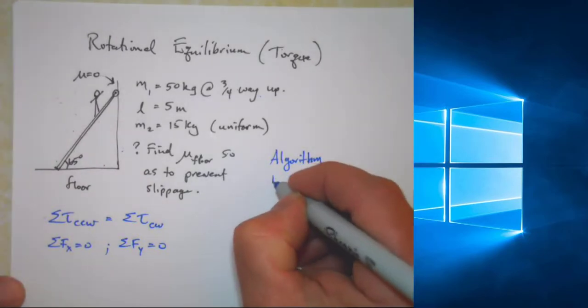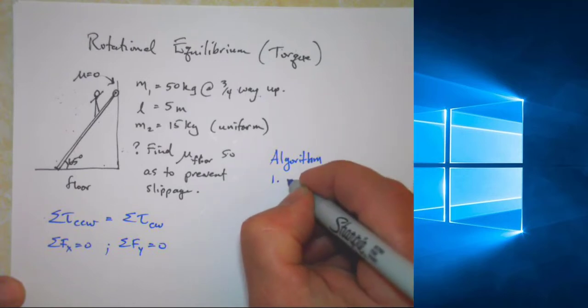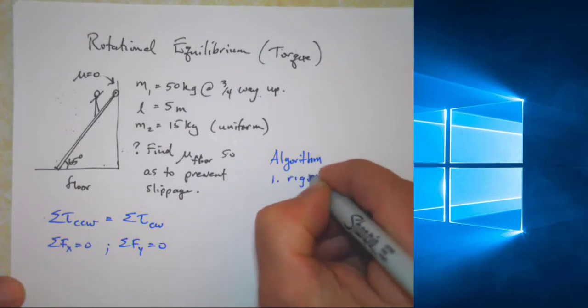So in short form, I will put it like this. 1, we want to identify our rigid body.